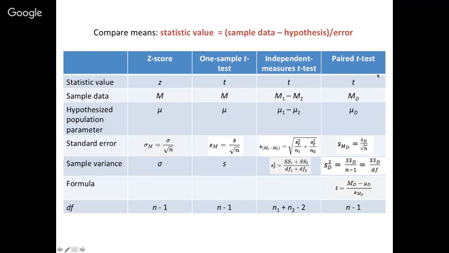For the paired t-test we just introduced, we focus on the difference score, x2 minus x1, the difference between the scores before and after treatment for each subject. So here is the formula. You can take notes of all of these tables, and maybe it's easier to search these tables when you're doing something in the exam.